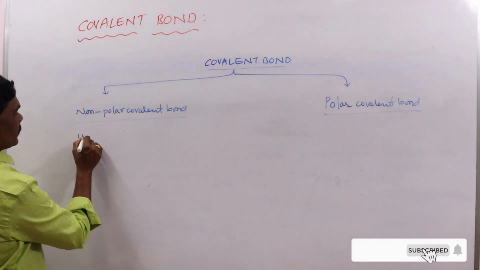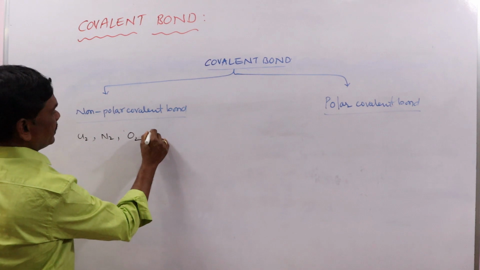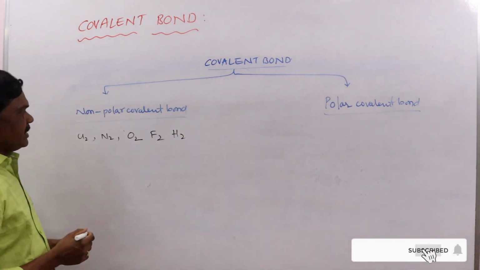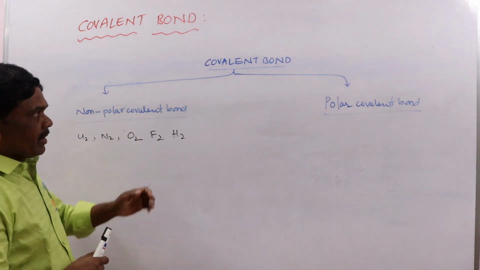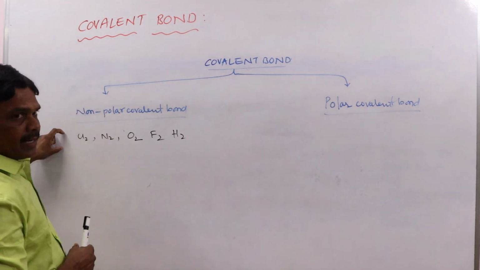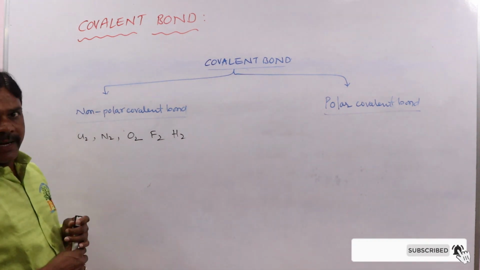For example, chlorine, nitrogen, oxygen, fluorine, hydrogen. So these are examples of non-polar covalent bond.